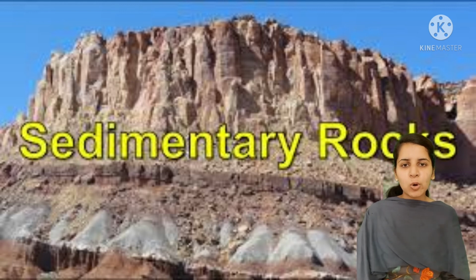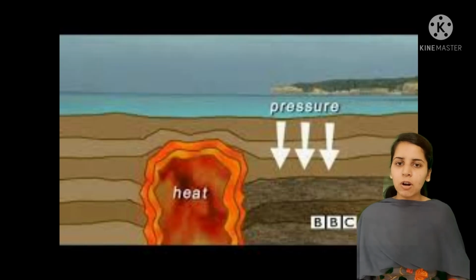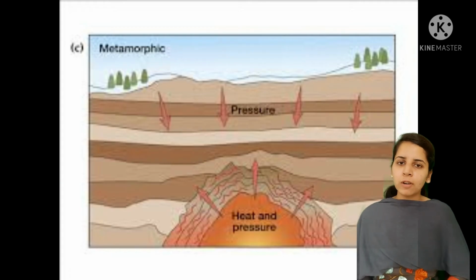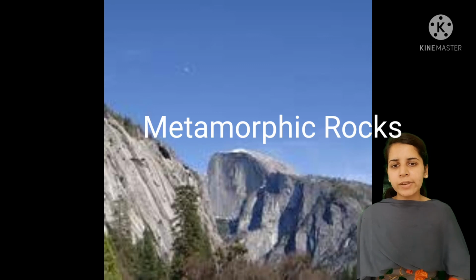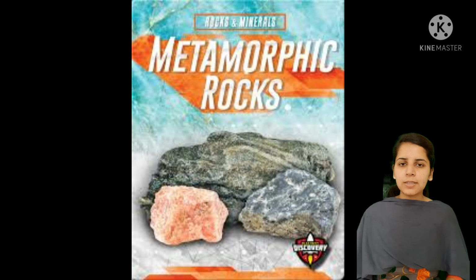When igneous rocks and sedimentary rocks are subjected to immense heat or pressure inside the earth, then the mineral content in both of the rocks gets changed and forms a new type of rock, and this type of rock is called metamorphic rock. So this is how metamorphic rocks are formed.